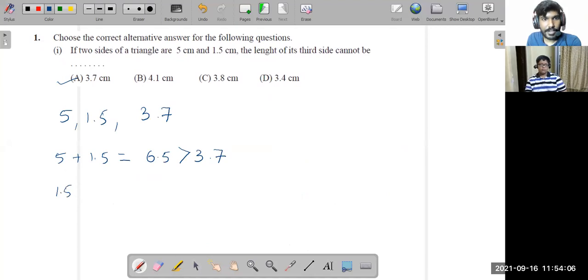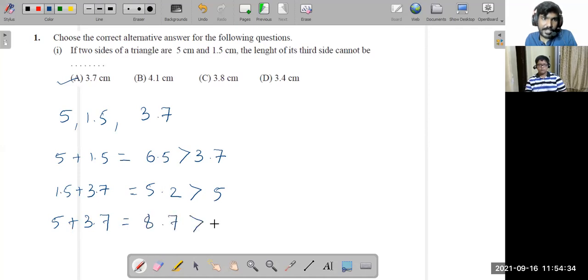You add 1.5 plus 3.7, this will be 5.2, which is greater than 5. Or you add 5 plus 3.7, which is 8.7, again greater than 1.5. So this can be the answer, but they are asking which cannot be.